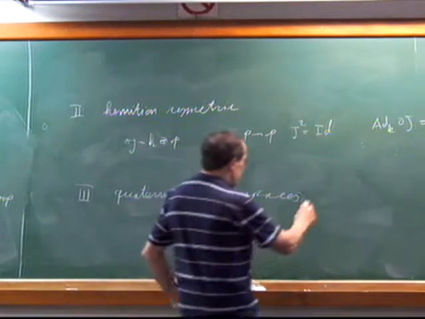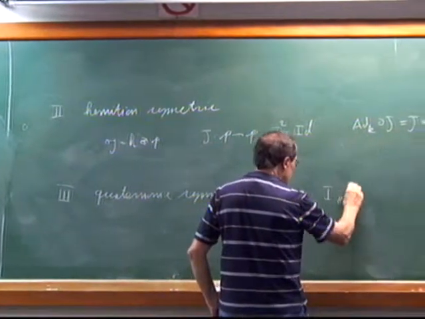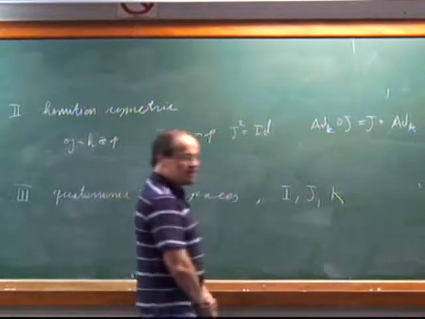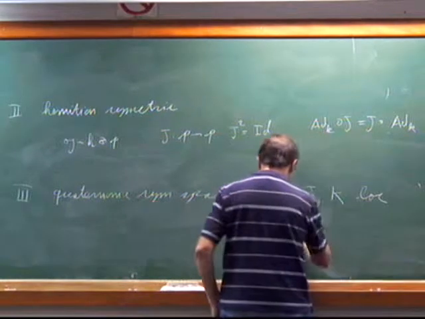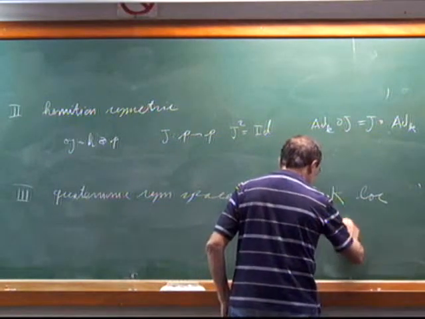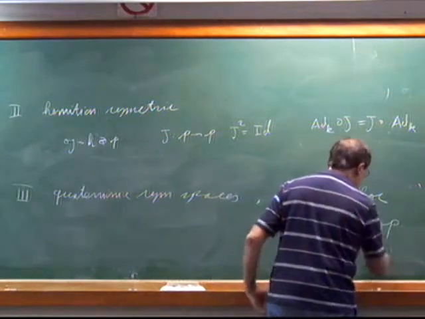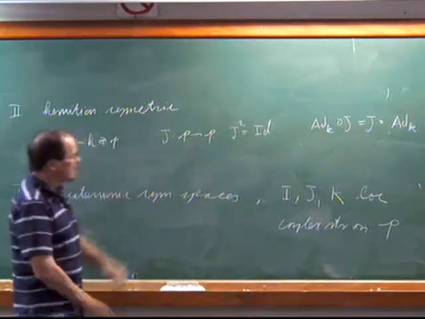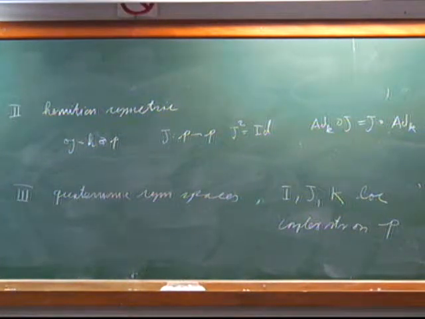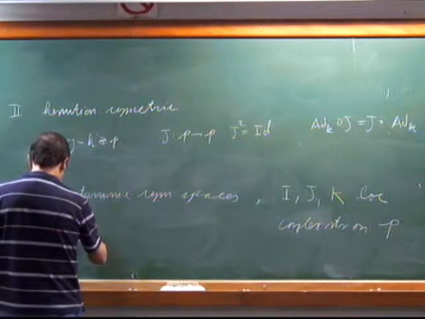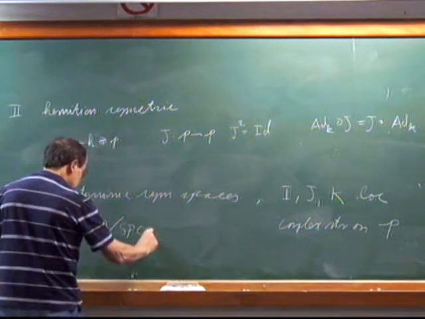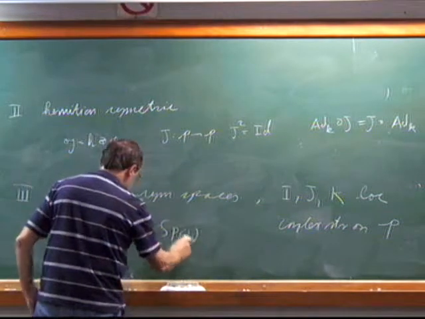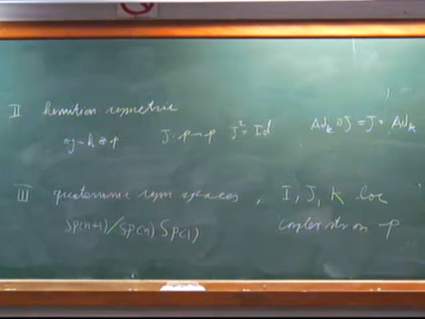So in a way, what this means is that you have three complex structures on the manifold locally, on P, and therefore on M, as opposed to only one. And there's a whole theory associated to that. A typical example is Sp(n+1) mod Sp(n)Sp(1). That's one of the most important examples of quaternionic symmetric spaces.